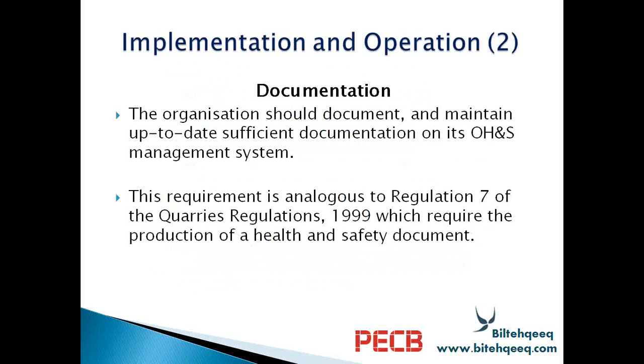This requirement is analogous to Regulation 7 of the Courier Regulation 99, which requires the production of health and safety documentation. So the whole occupational health and safety system should be properly documented.